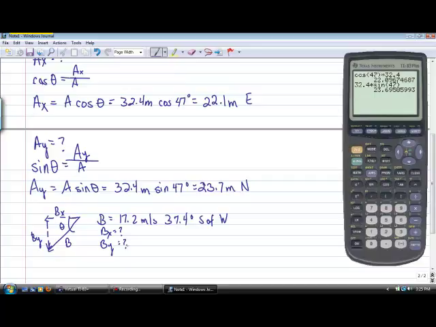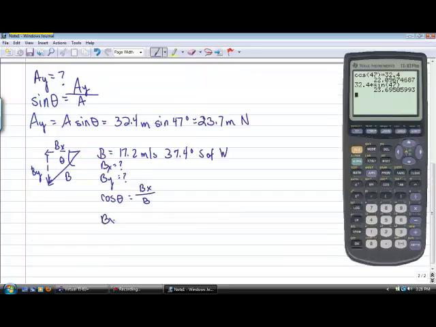Alright, if I start with B sub x, B sub x is forming the adjacent, so I'm going to use cosine. And if I write down the cosine of theta is going to equal the adjacent, which is B sub x, over the hypotenuse, which is B. So B sub x then equals B times the cosine of theta. Well, we said B was 17.2, and we said that theta is 37.4 degrees.